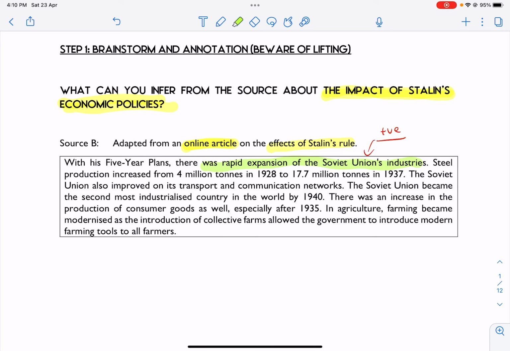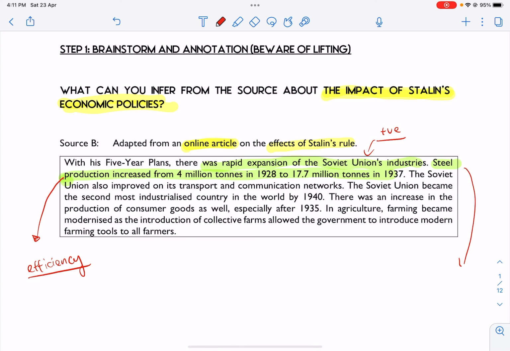Next, I see that steel production increased from 4 million to 17.7 million tons. What could that imply? The reason for this is probably the efficiency. Probably the industrialization program is very efficient. And so what if you increase the steel production?